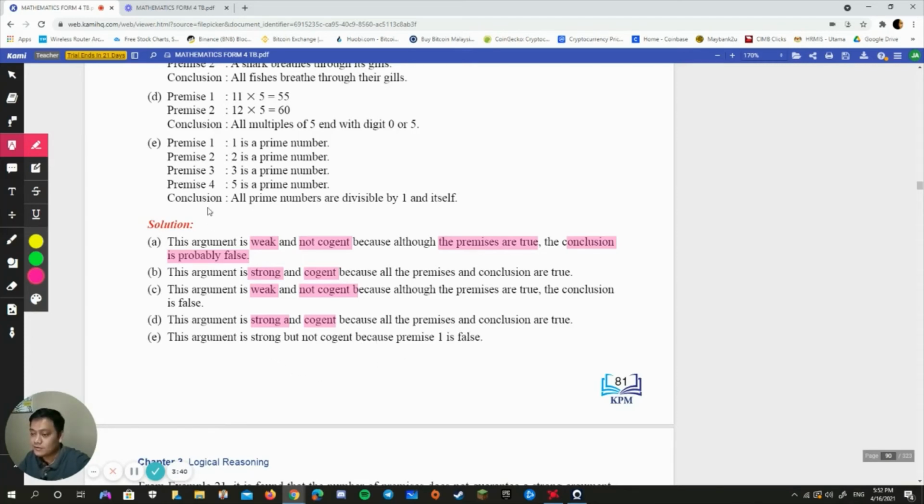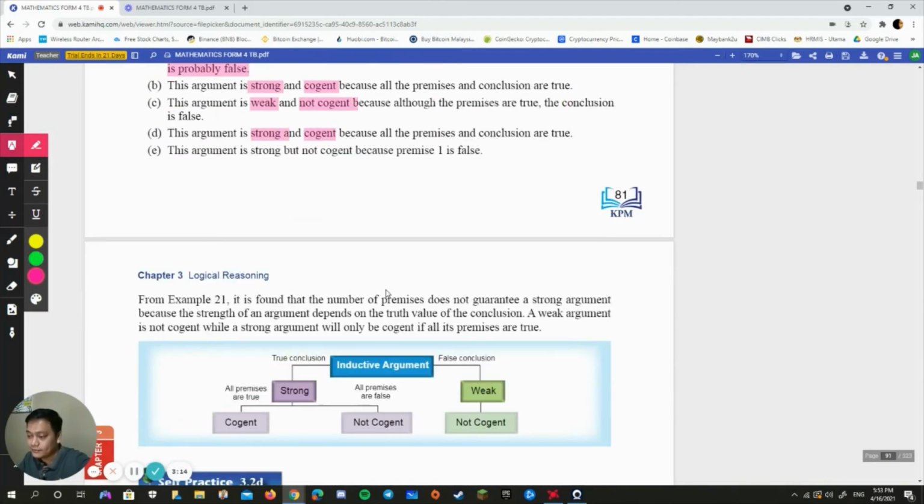Why is it strong? Because the conclusion is true. But premise 1 is false. Remember, 1 is not a prime number. Why is 1 not a prime number? You need to recall the definition of a prime number that you have learned before.